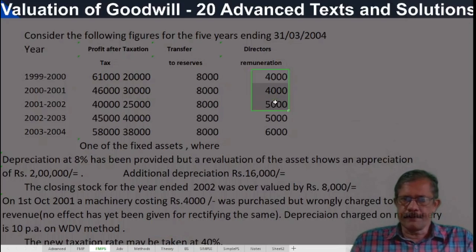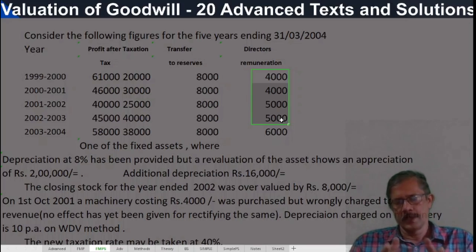All these years' director's remuneration should be added back to the corresponding year or years, and then 8,000 rupees to be deducted from average adjusted profit or each of the years. This is a hidden point.